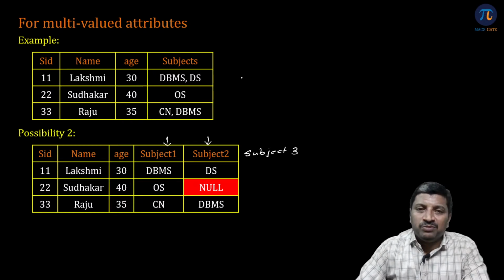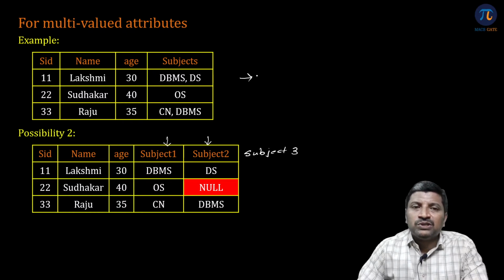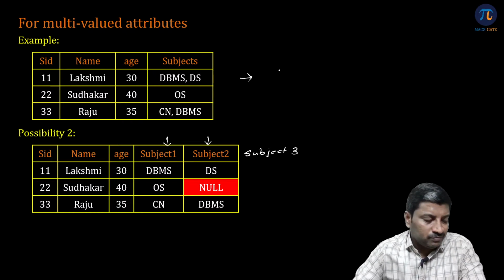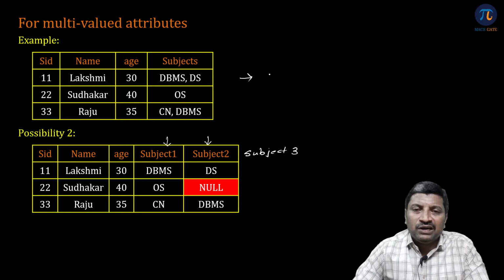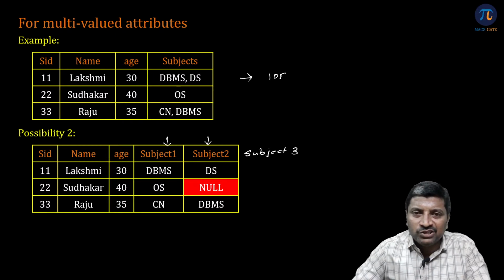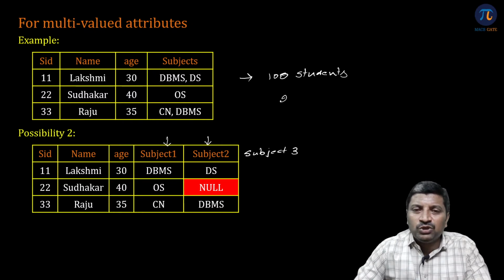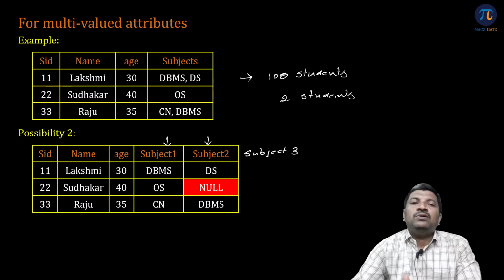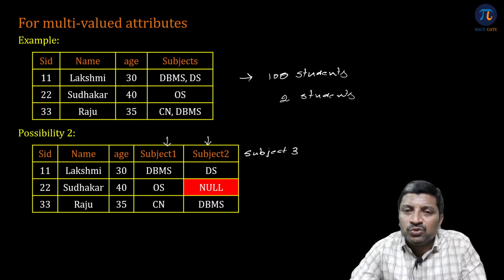Now what are the problems? Sir, the first problem, suppose out of 100 students, let us assume we have 100 students. Assume only 2 students registered 2 subjects.